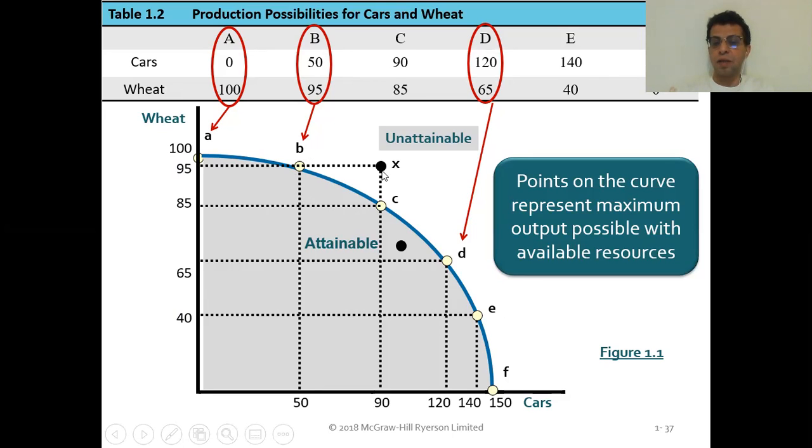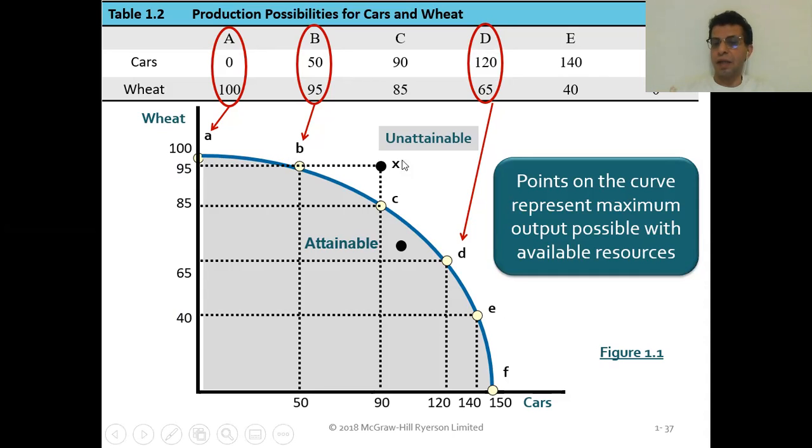Producing 100 wheat and 150 cars is not attainable, because a point on the curve represents the maximum output possible from the available resources. So in this case, they produce 100 wheat and 0 cars. Here they produce 95 and 50.